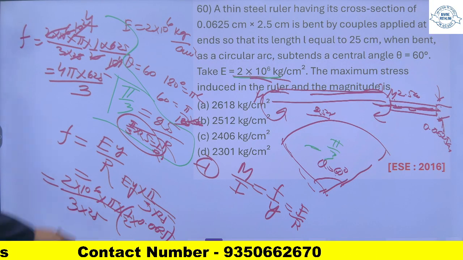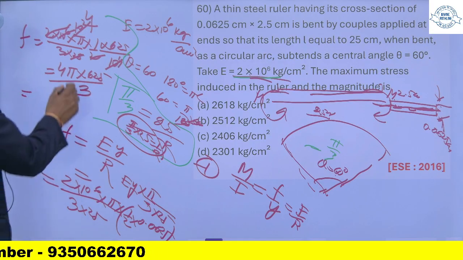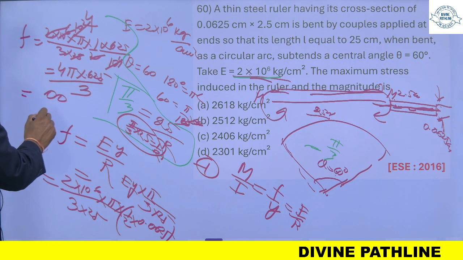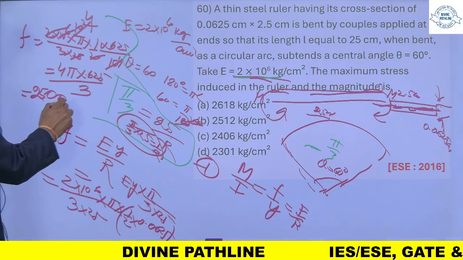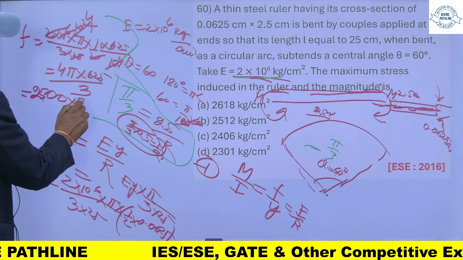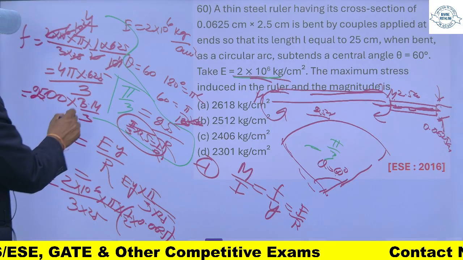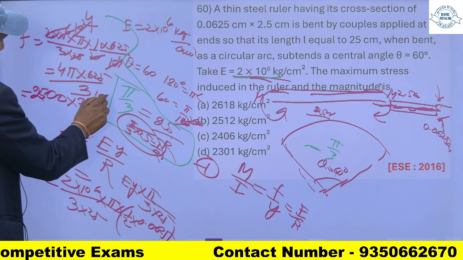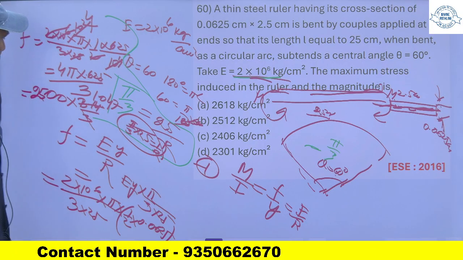So 625 into 4 will be 2500 into pi by 3. So pi by 3 is, pi is 3.14 by 3, so it will be 1.046, something like this.